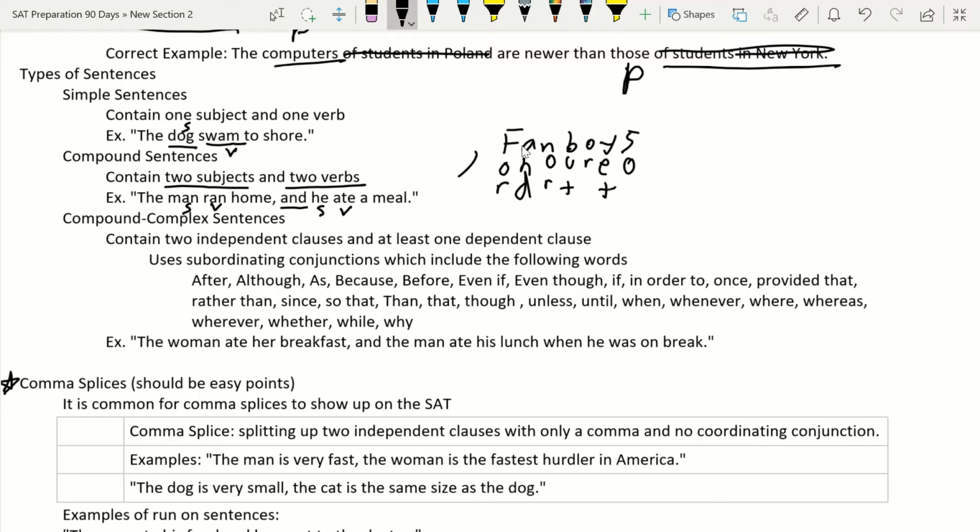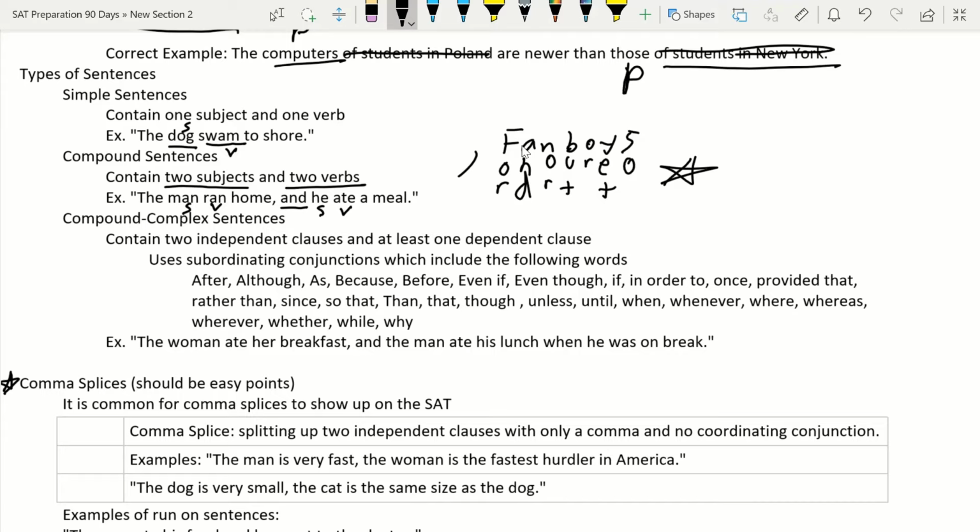Right? So if you don't know the fanboys, go ahead and write those down. The F is for for, the A is for and, the N is for nor, the B is for but, the O is for or, the Y is for yet, and the S is for so. So go ahead and write those down if you don't know them, or even just for practice.